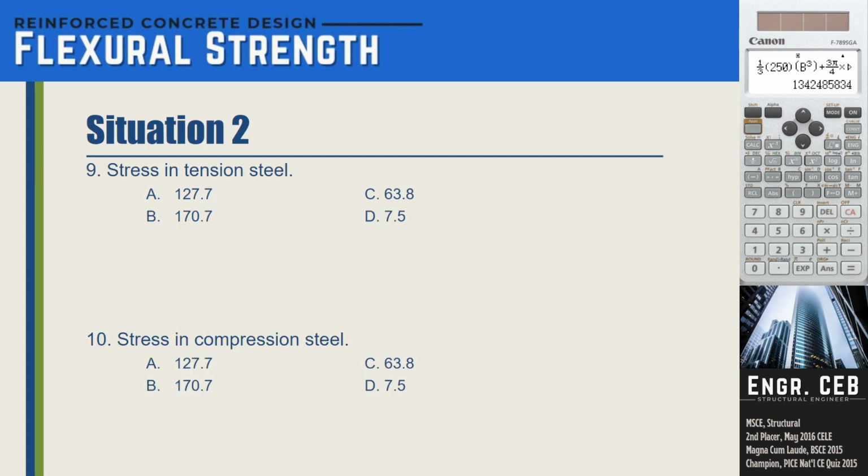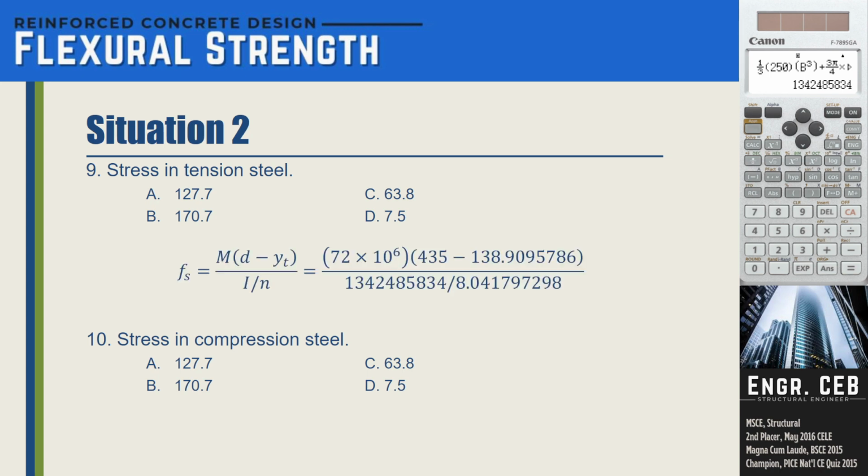Stress in tension steel. So anong formula natin? Ganun pa din, M C over I. So the distance from the neutral axis towards the tensile steel. Be careful, we have two steels, compression and tension. So tension steel ang tinatanong. So that is d minus y sub t over moment of inertia.